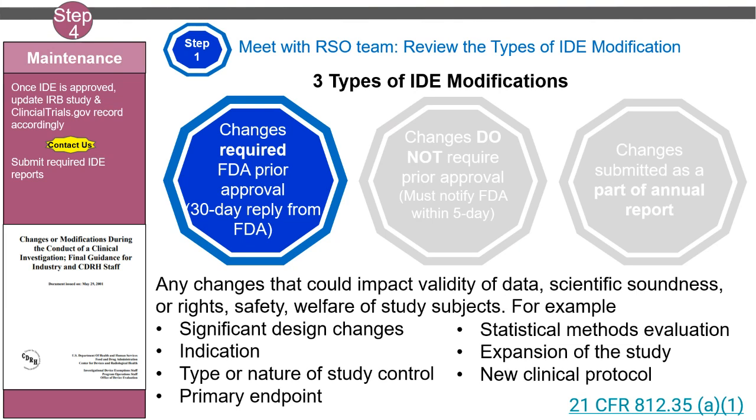Now, let's look at the 30-day approval category, governed by a set of regulatory specifications. In general, this path is required for changes involving the device or protocol, which could impact the data validity and scientific soundness, and such changes impacting the subject's rights, safety, or welfare. For example, changes in device can be in the design or manufacturing process, thus affecting the basic principles of device operation, or such changes increasing the potential risks or introducing new risks.